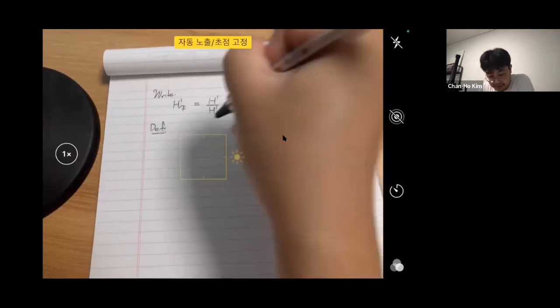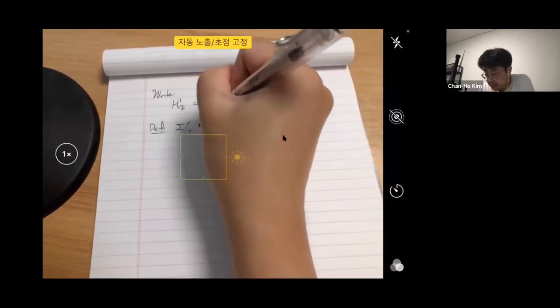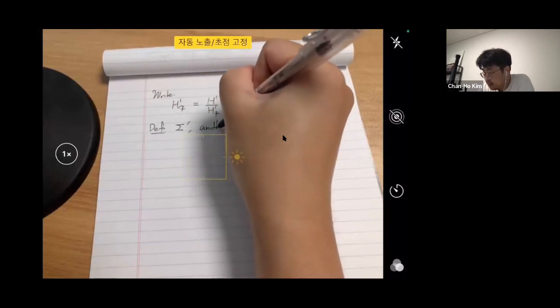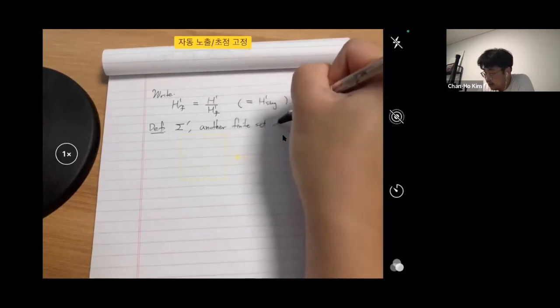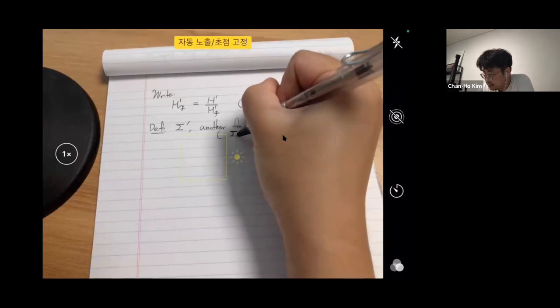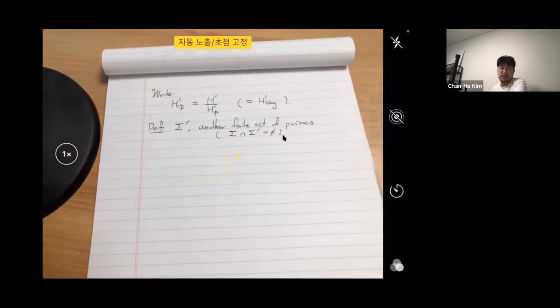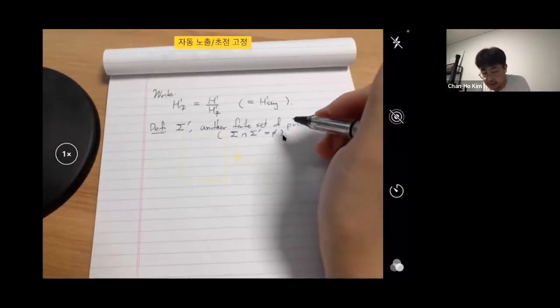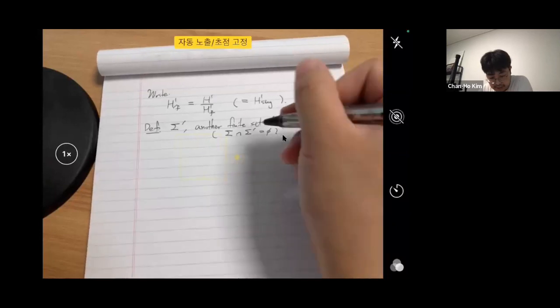Let me choose a sigma prime, another finite set of primes. And it's okay to assume that the original sigma and sigma prime have no intersection.